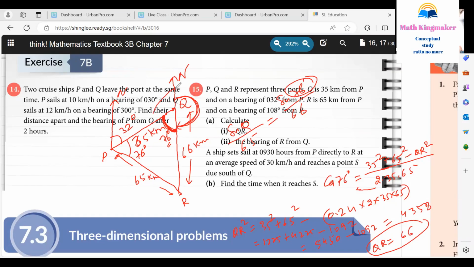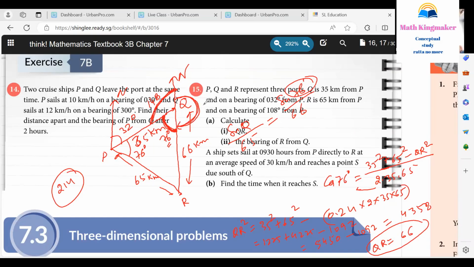This angle will be 180 minus 32, so it is 148. 148 plus 76 is 224. So the sum of both these angles is 224.